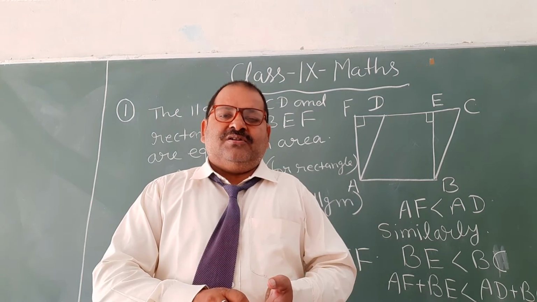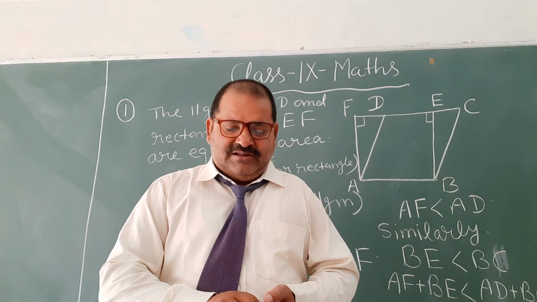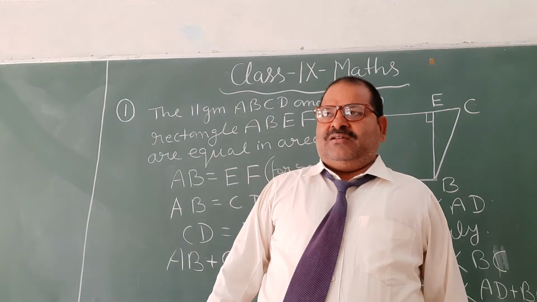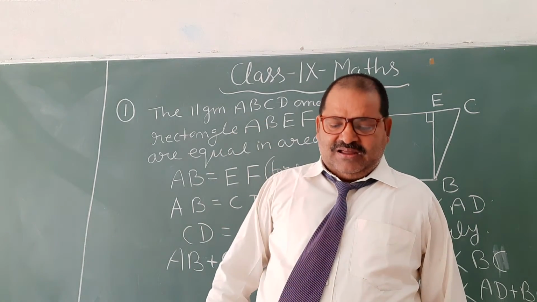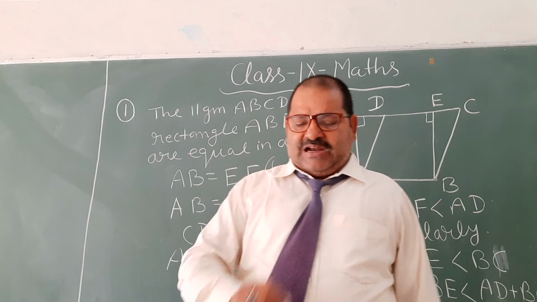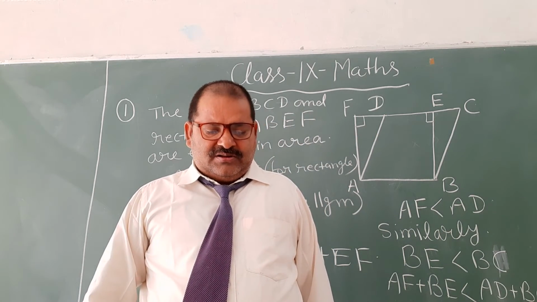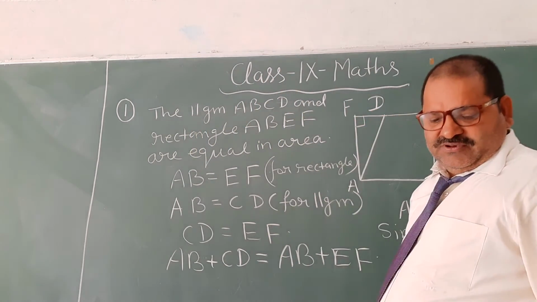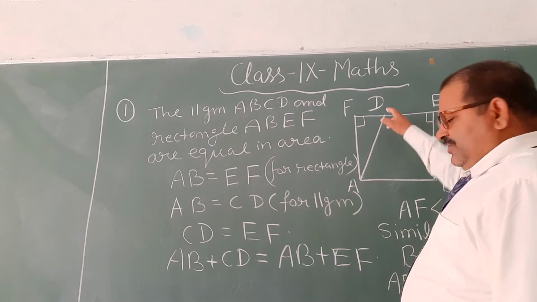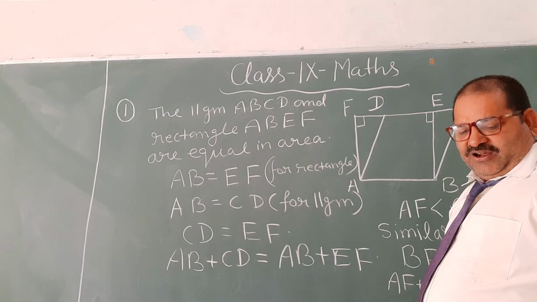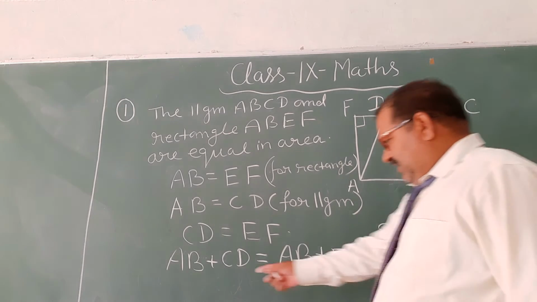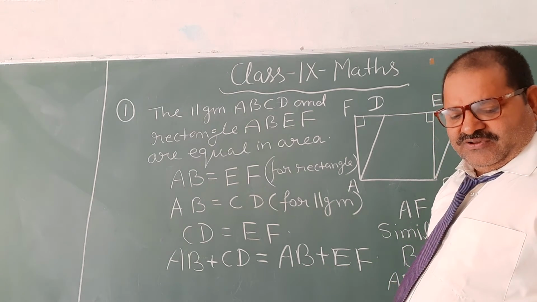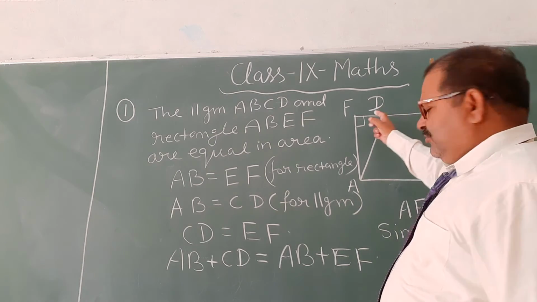Therefore the parallelogram ABCD has opposite sides equal and the rectangle also has opposite sides equal. So AB equal to EF and AB equal to CD, adding, AB plus CD equal to AB plus EF, and also CD equal to EF.